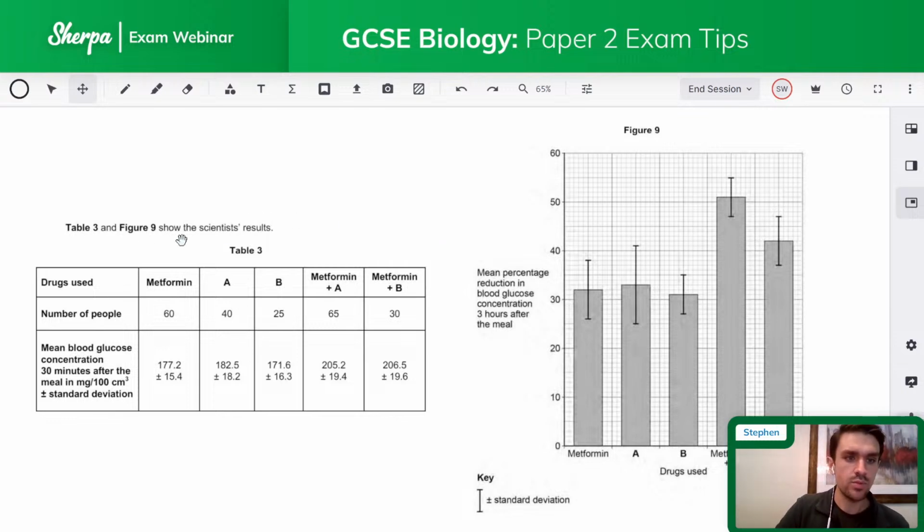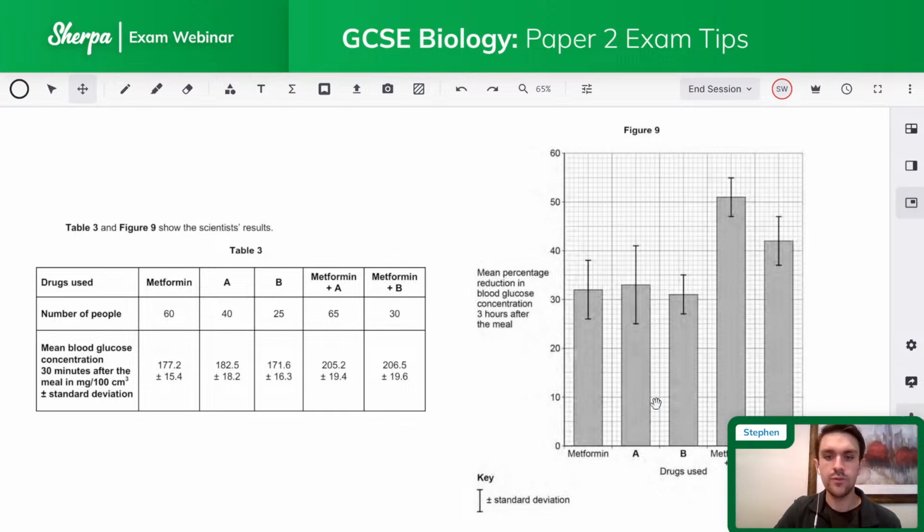So here, Table 3 and Figure 9 show the scientists' results. So we've got the drug used. As I said, they did metformin A and B, and they also did combinations. So we've got metformin A and metformin B. We've got the number of people used in that trial, and we've got the mean blood glucose concentration 30 minutes after the meal in milligrams per 100 centimeters cubed, plus or minus the standard deviations again.